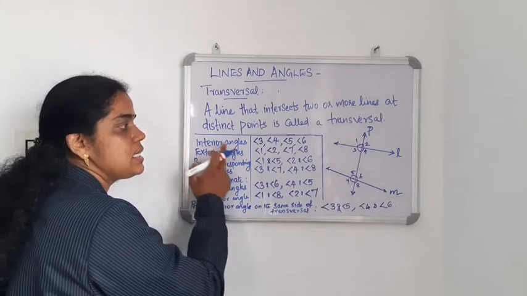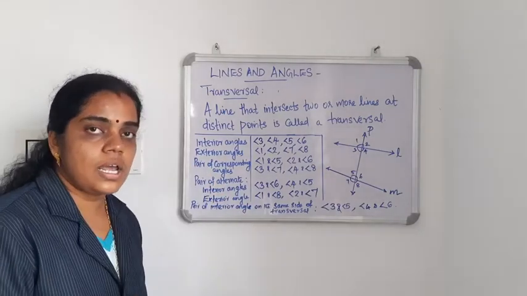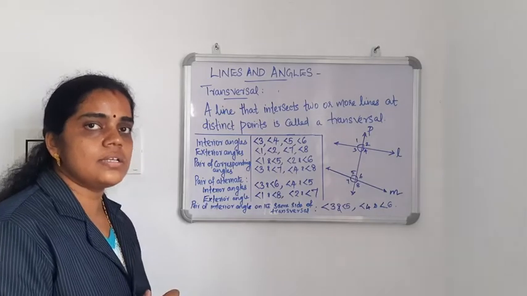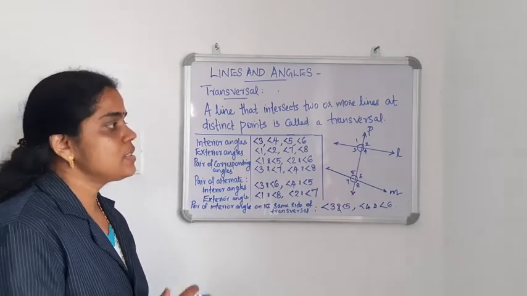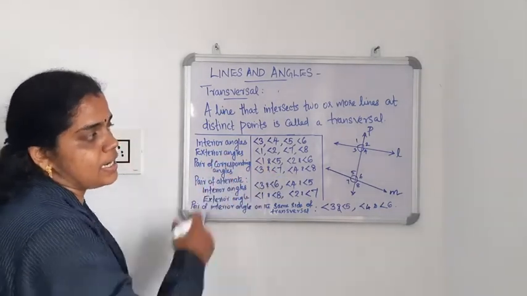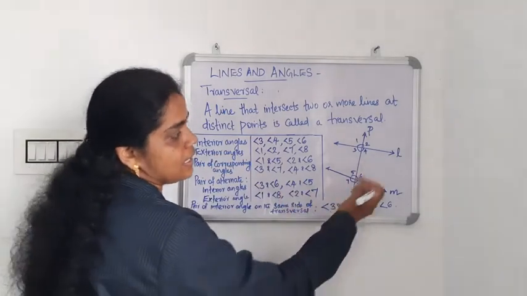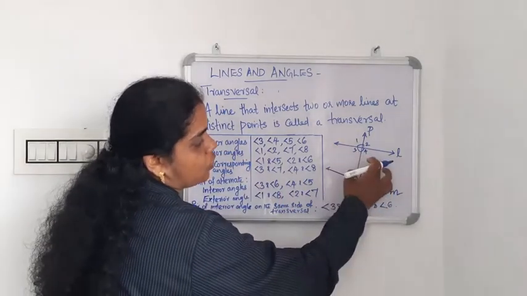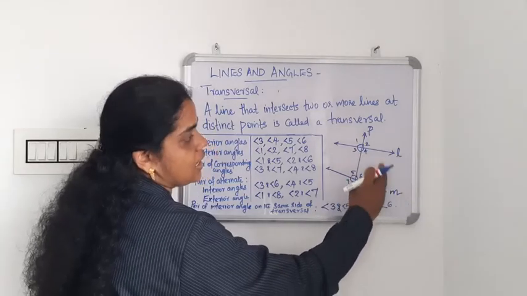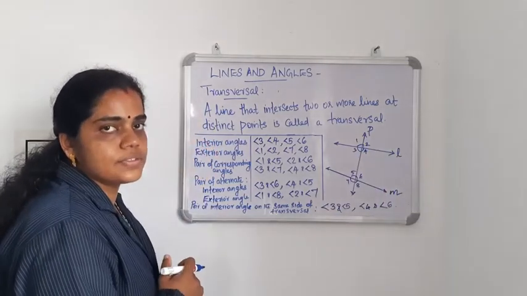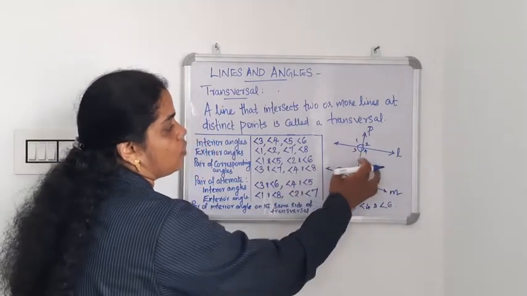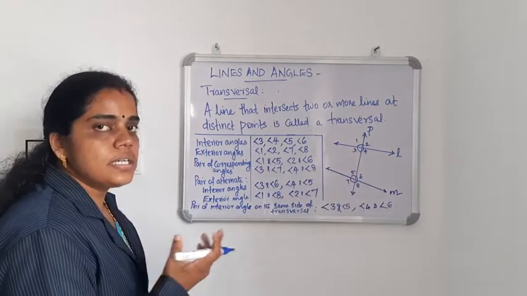First one is interior angle. The word meaning of interior is inside. So, what are the interior angles from the figure? Inside angles 3, 4, 5, 6 are interior, inside of the two lines. So, 3, 4, 5, 6 are known as interior angles.